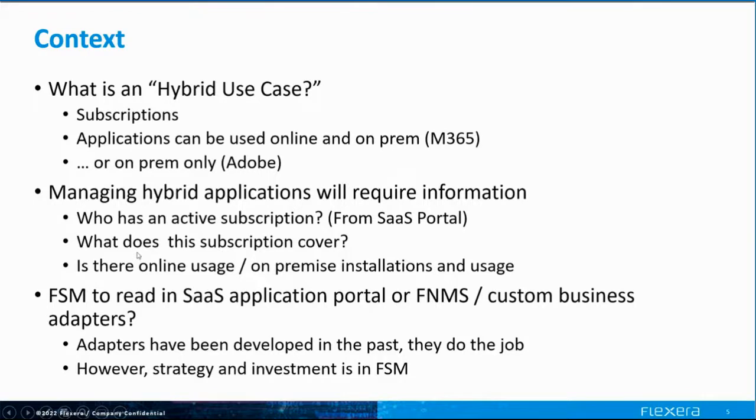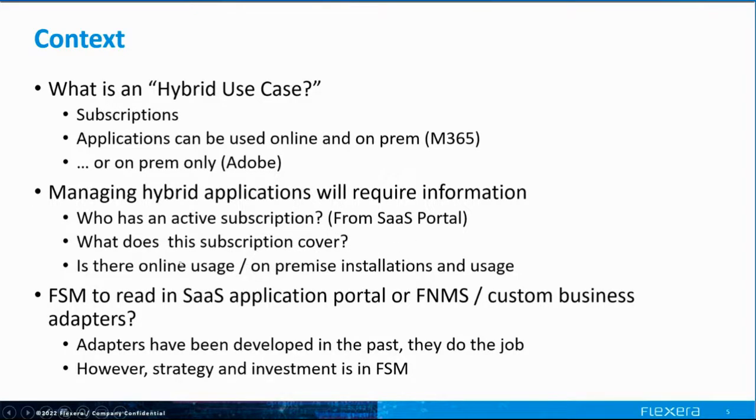Another type of information we need to understand, which is a little more our content, is what this subscription covers. If it covers an online usage, an online bundle, or an online plus on-prem bundle, we need to know. And that's what the SKU is doing. So here, this is more broadly covered by the SKU library.